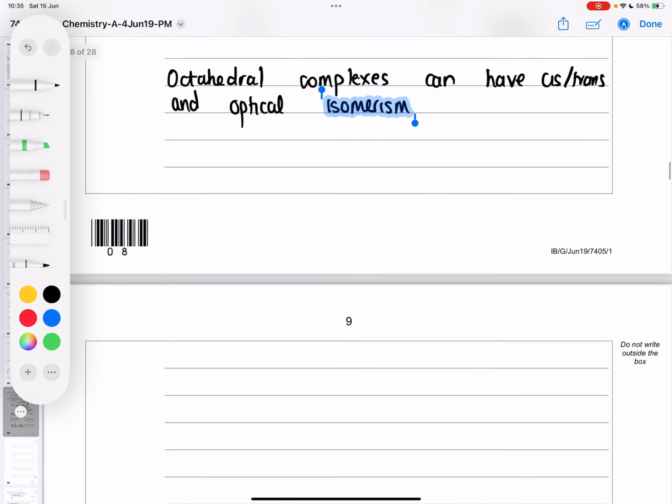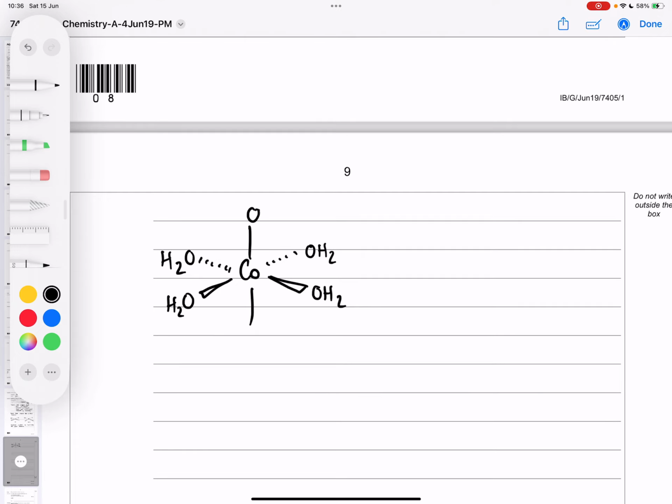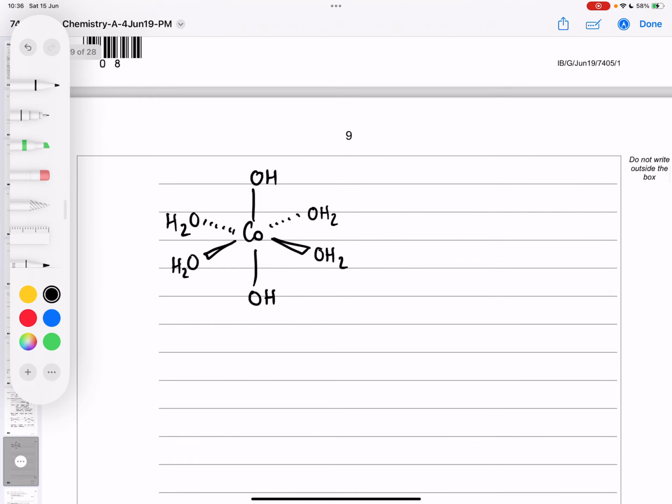So I'm going to go for cobalt in an octahedral complex where I just have two slightly different ligands. And it really doesn't matter what I pick here. So we could have a look at one like one of those precipitates that we just had. If I put water on 4 and then put 2 hydroxides, this wouldn't have a charge, so it means I don't have to do a big bracket and a charge.